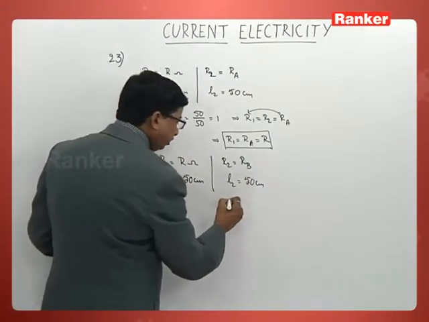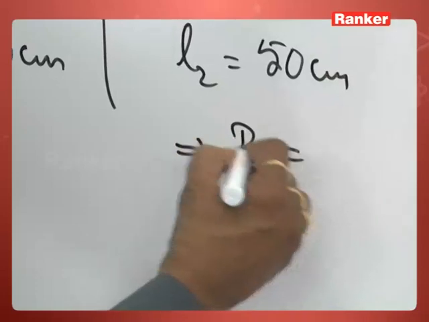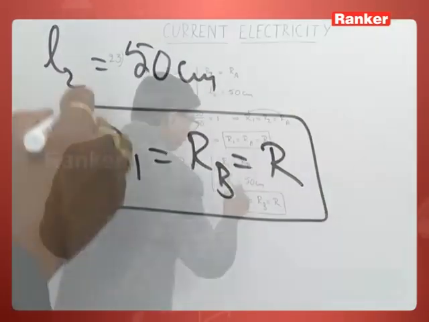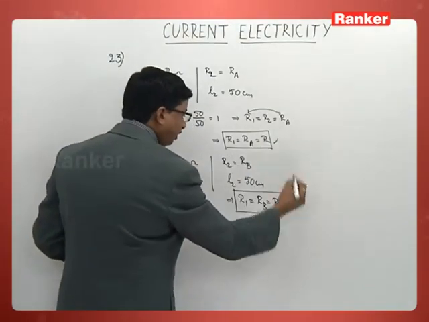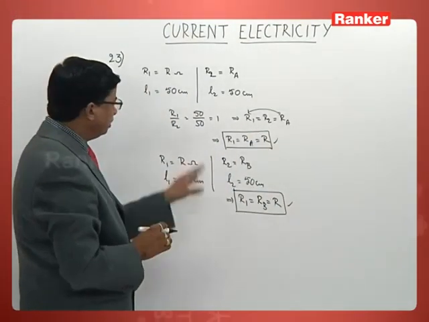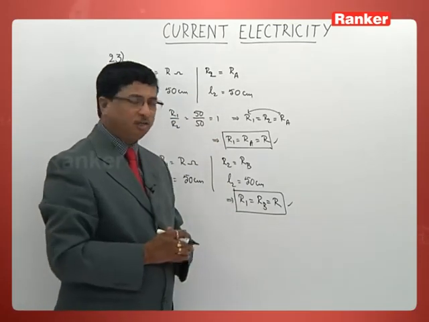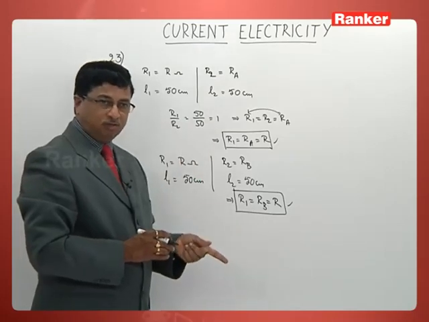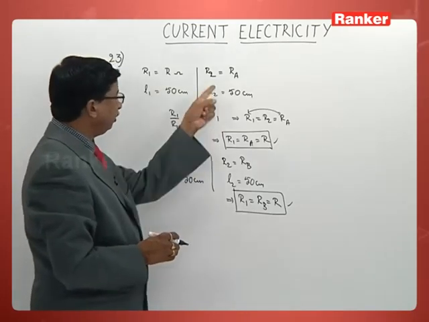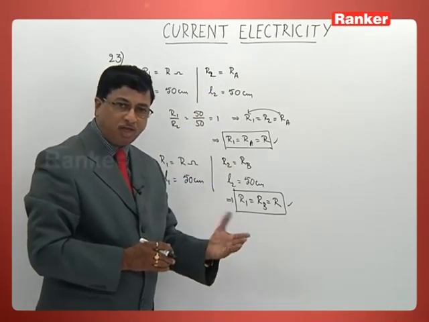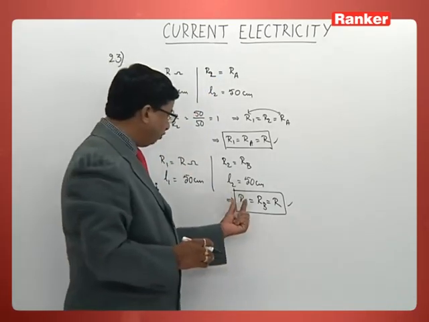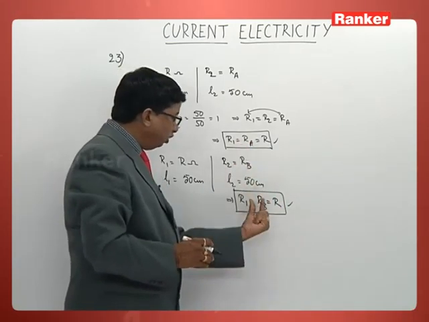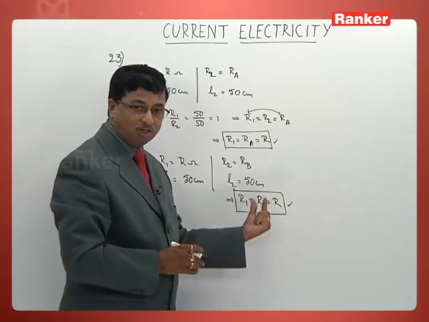Then I can directly understand R1 is equal to RB is equal to R. That is the result. Ultimately, whatever resistance you are connecting in the left gap, the same value you find for the resistance of wire A as well as B. So R1 which is equal to R, the same is RA and the same is RB also. That is what he said.